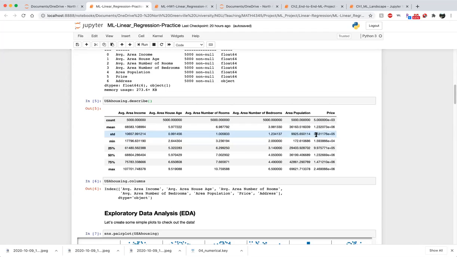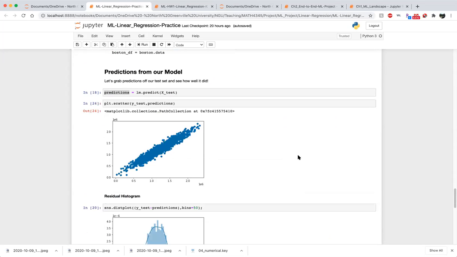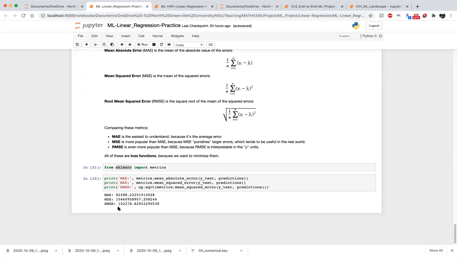You see that? The standard deviation of the price target value is 3.531176 times 10 to the fifth power. And the RMSE is 1.02278 times 10 to the fifth power.